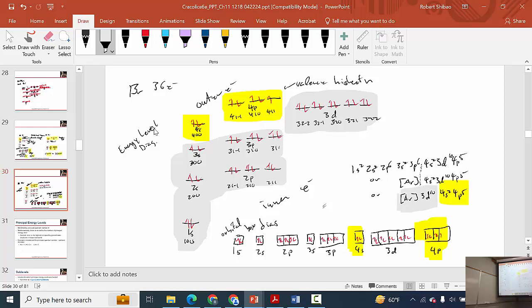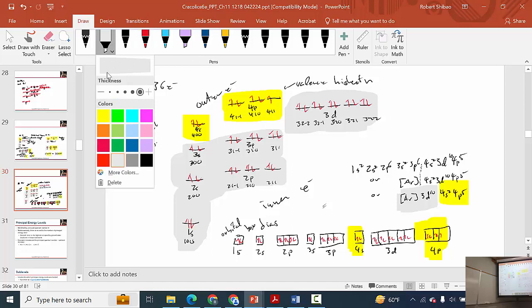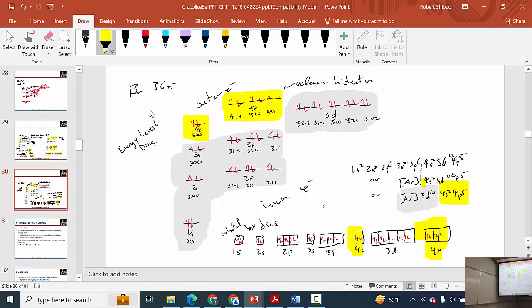Technically it's the argon core, but this d10 filled subshell is quite stable. Rather than splitting up the valence electrons, with the 4s2 here and the 4p5 here, and the 3d splitting them up, we could reorder it so it looks like this.